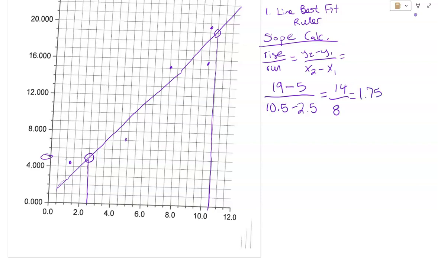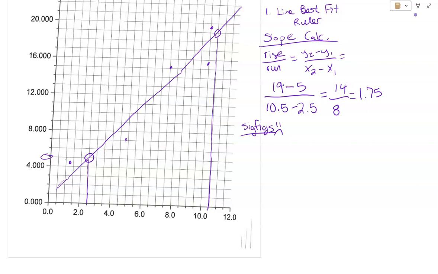Now, if you look at my numbers, I did not keep up with any sig figs. You have to keep up with sig figs. When I'm doing these very quickly to show you how the math goes, I usually don't worry about sig figs because I'm trying to be fast to give you an example. But we'll look at sig figs for this one.